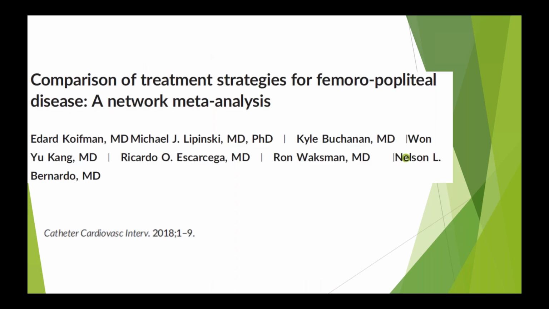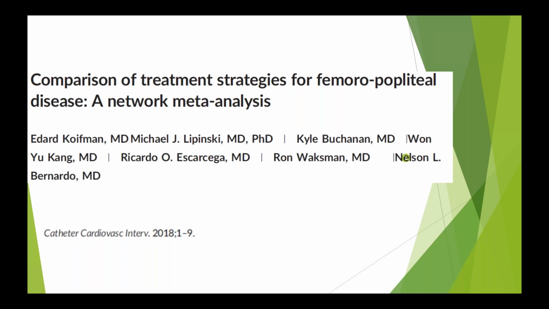So in this recent study, which was very recently published by Kaufman and Lipinski, for the outcomes of both restenosis and target limb revascularization, the majority of therapies showed superiority when compared to just balloon angioplasty.